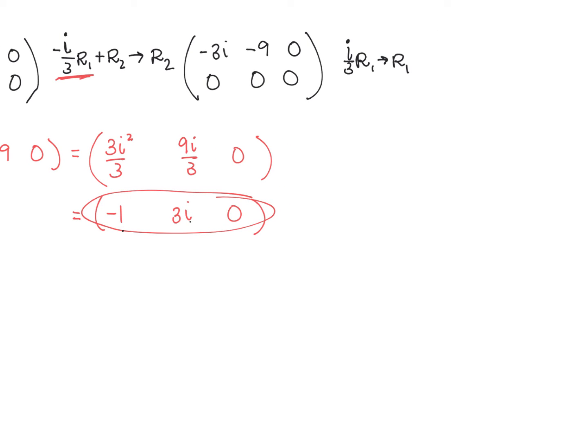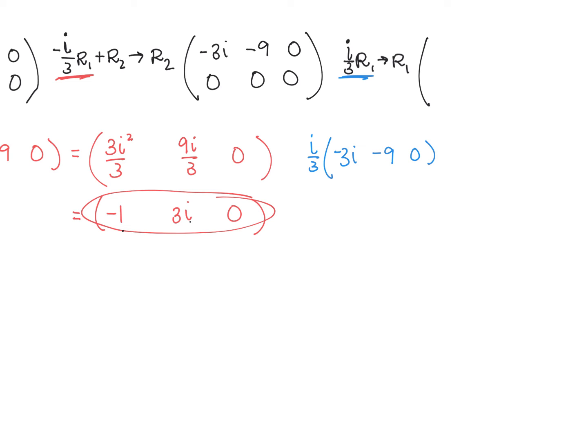If we multiply this positive i over 3 times row 1 and replace row 1, we would end up with i over 3 times negative 3i minus 9 and 0.